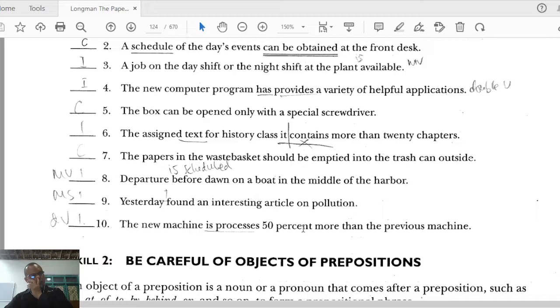Ya, jadi ini yang kemarin kita udah paham kan, ada subject, verb, ya, object of preposition, dan apa lagi? Ada preposition itself and object of preposition.